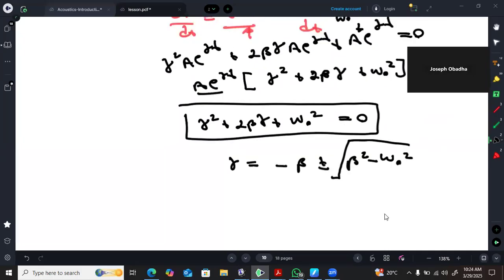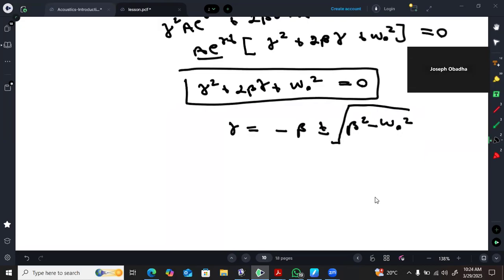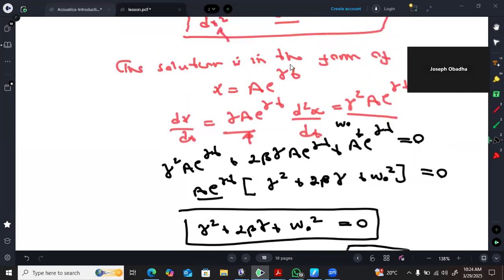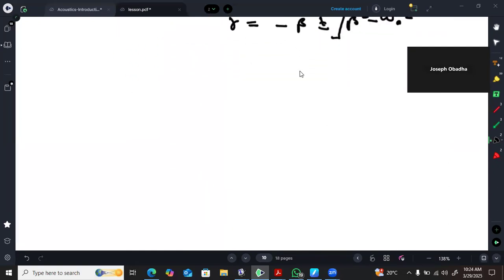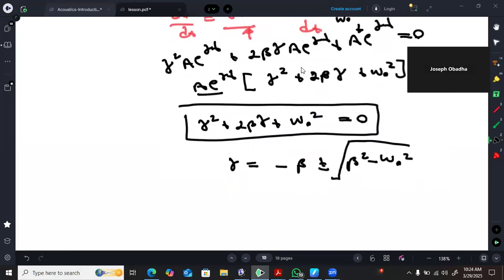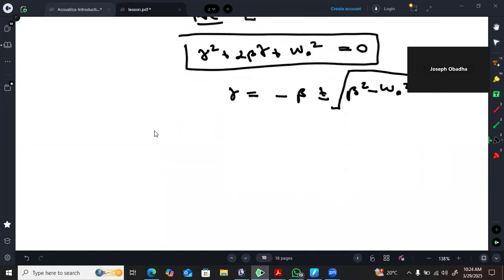So that now, if we substitute this in the equation for x, remember we said the solution is in this form, then we have x equal to A e to the power of minus beta plus or minus the root of beta squared minus omega naught squared, everything times t.